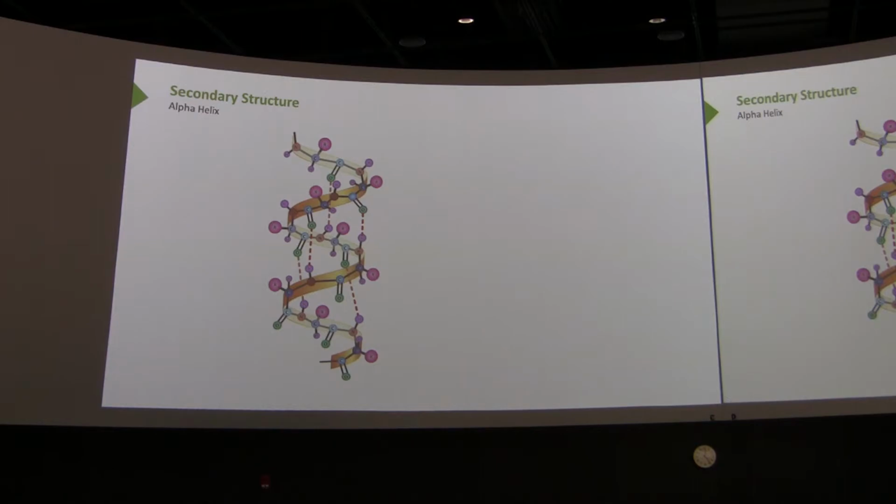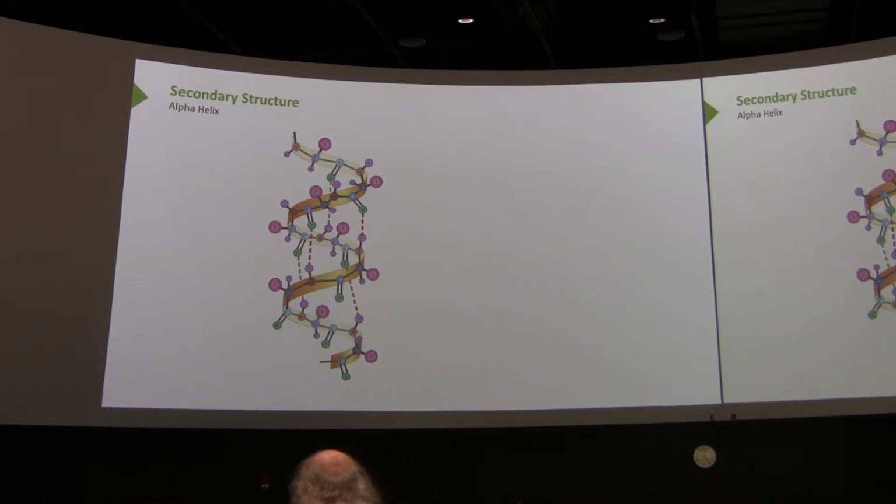Secondary structure arises as a result of interactions between amino acids that are close in primary sequence. An amino acid, let's say glycine, that interacts with an amino acid tryptophan 3 or 4 amino acids away would be participating in a secondary structure.